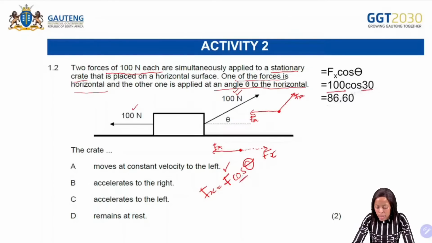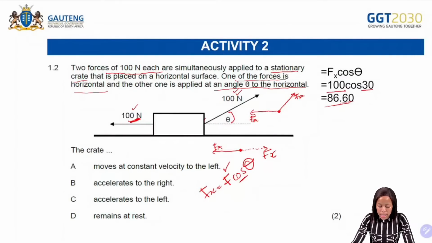As an example, let's say you have an angle of 30 degrees, because this angle that is here is less than 90 degrees. If we use any angle that is less than 90 degrees, whatever answer you get will be less than 100 Newton.